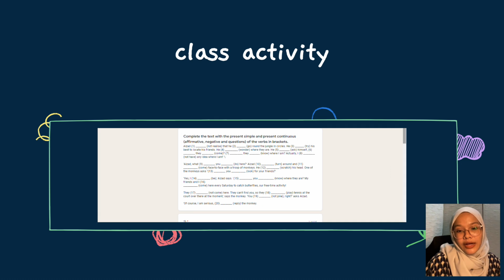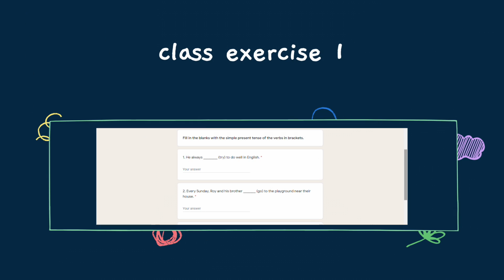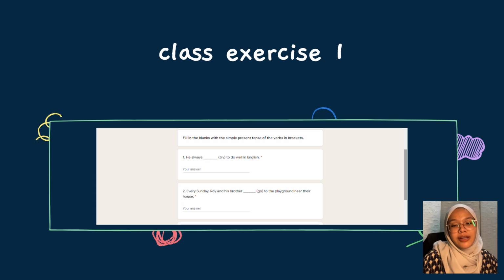For class activity, you need to read the short story and complete it with the present simple and present continuous of the verbs in brackets. You may open the Google form to answer the questions. For class exercise 1, you need to fill in the blanks with the simple present tense of the verbs in brackets.